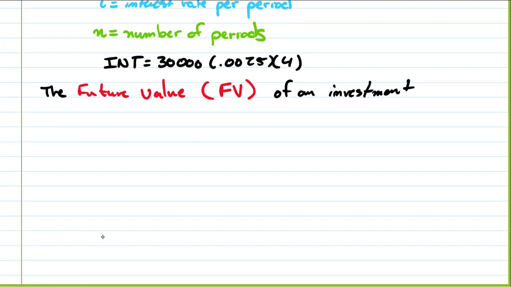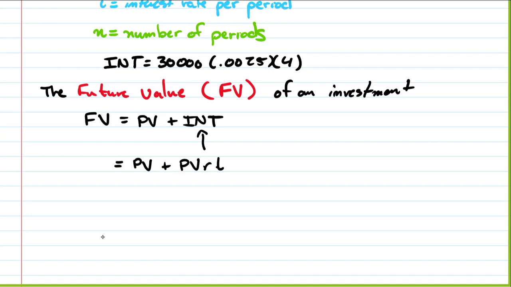So our future value is going to be equal to our present value plus any interest that we earn. But we have a formula for our interest, right? So our future value is our present value plus our interest formula, which is PVRT.